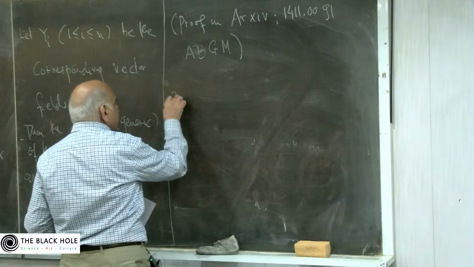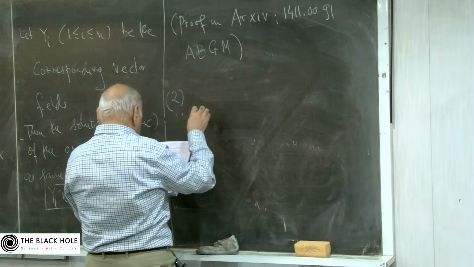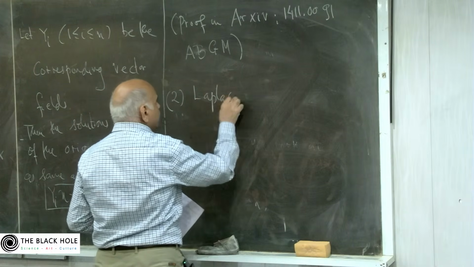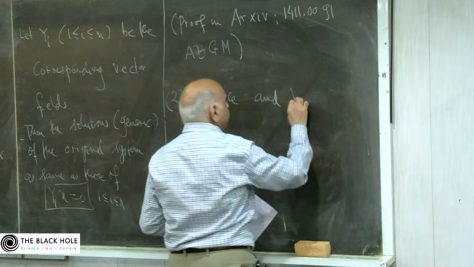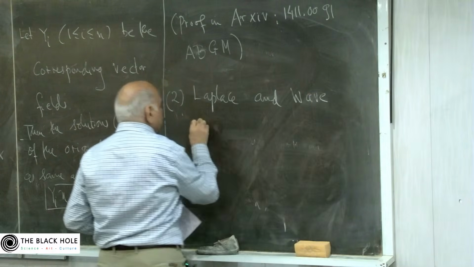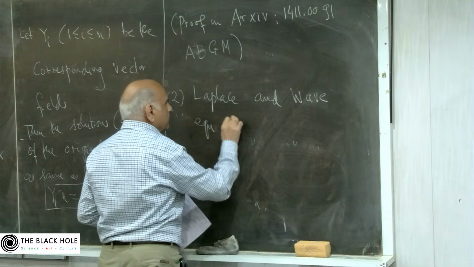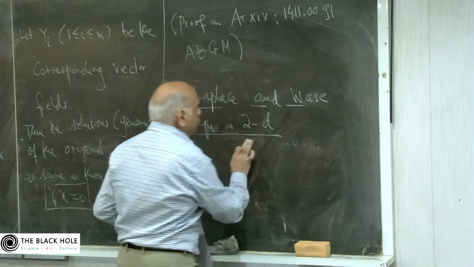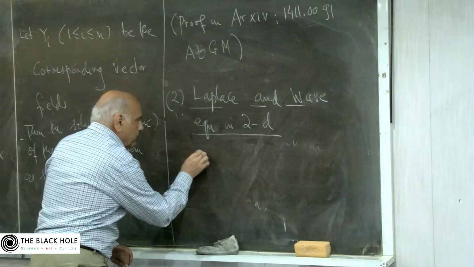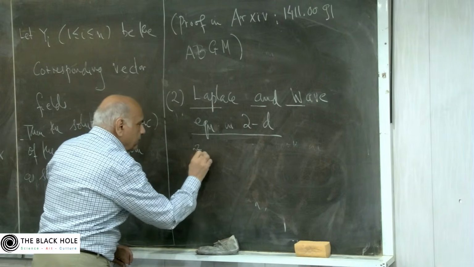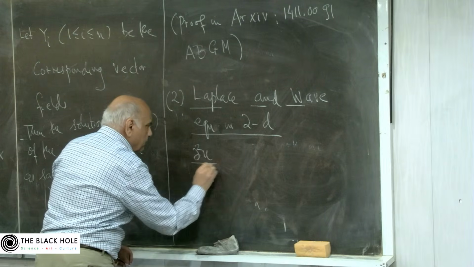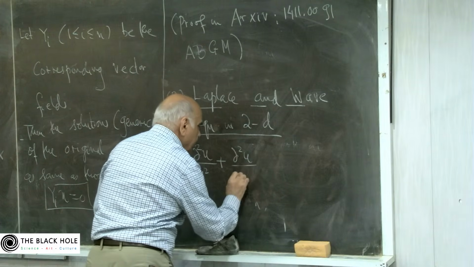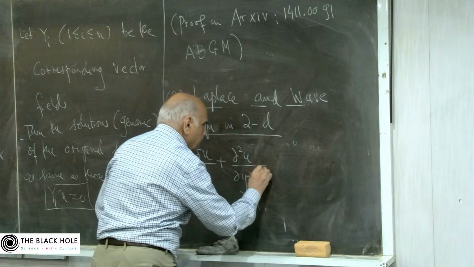And now the second is the Laplace and wave equation in 2D. Okay. So what's the Laplace equation in 2D? Partial squared u by partial x squared plus partial squared u by partial y squared is equal to 0.